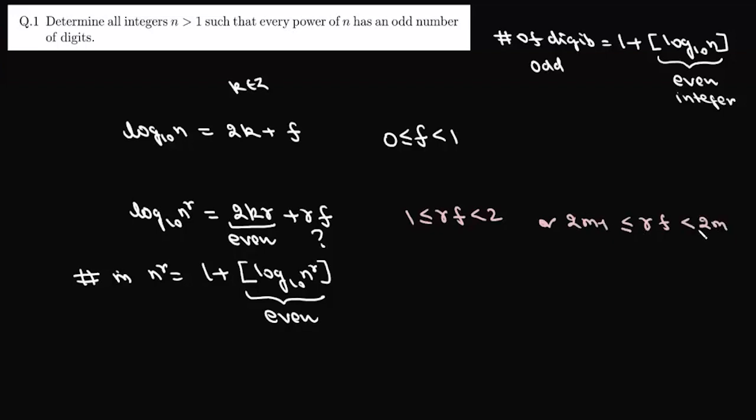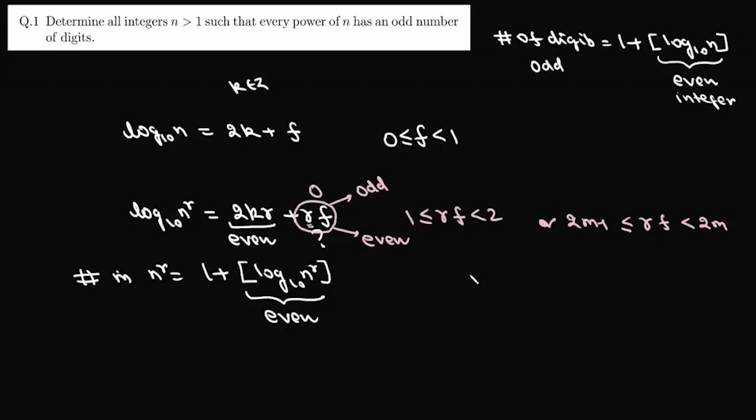In this case, when we take the greatest integer function, the 2kr part will be even, but the rf part may give us an odd result. So depending on the value of r, it will give us an odd or even result. But the condition here is that it should always be an odd number, and it is always odd if and only if this rf part, which is making it dicey, should not be there.